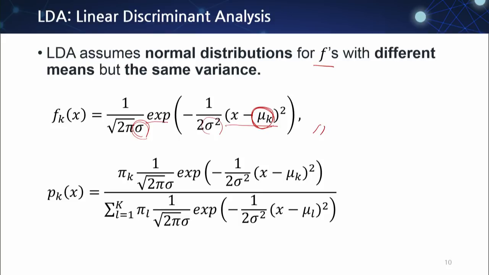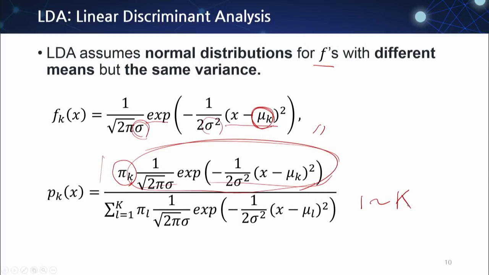Then this is the PDF. The posterior probability is given by multiplying the prior probability with this PDF, divided by the sum of these terms over all classes 1 to K. So this is the modeling of LDA.